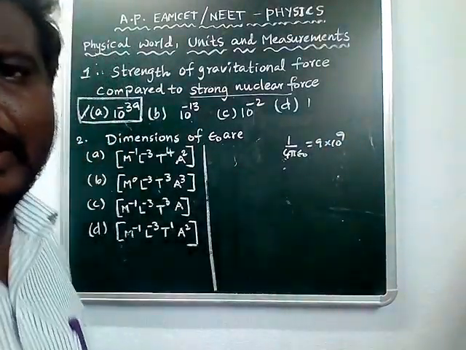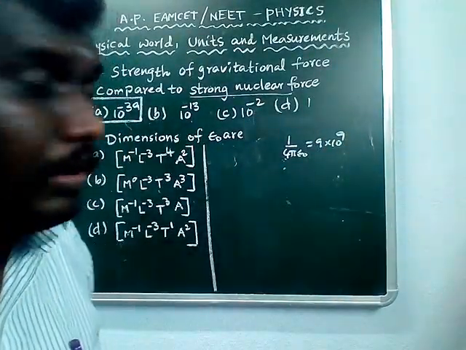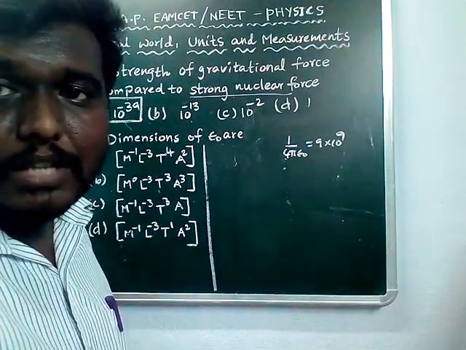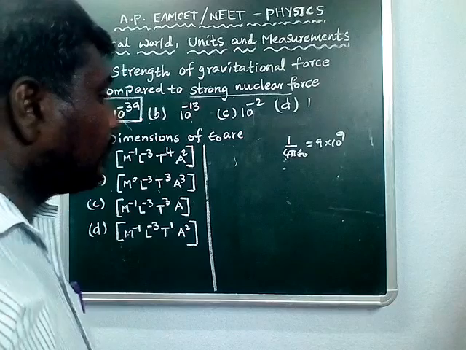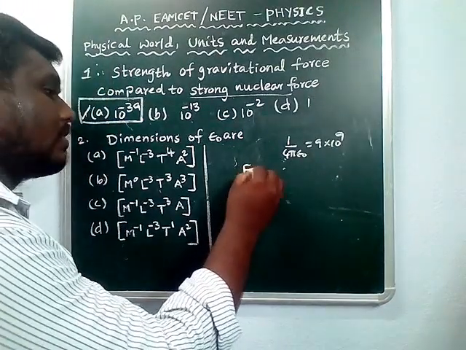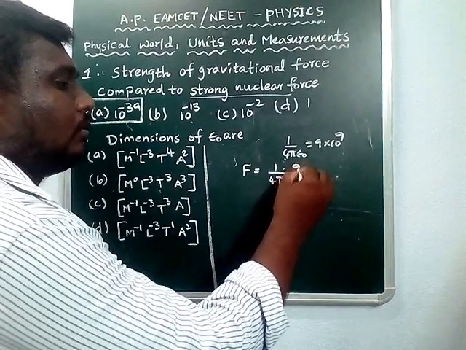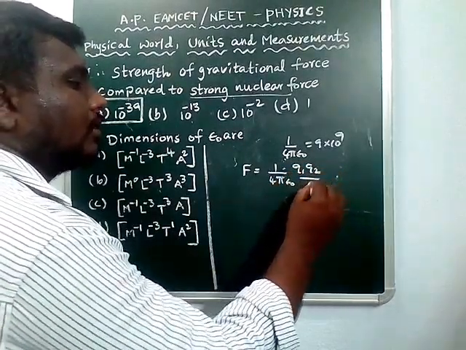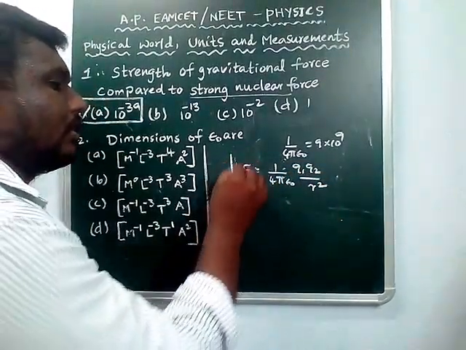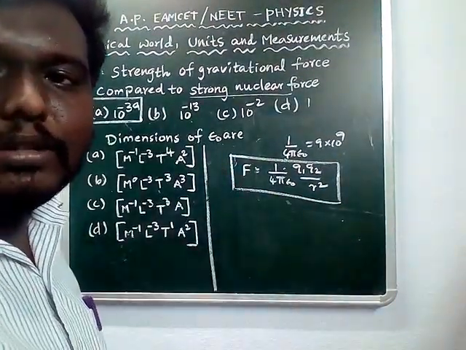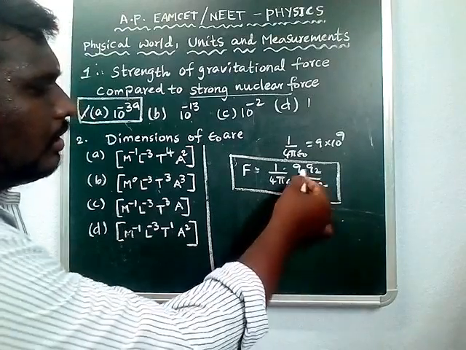The Coulombic force between two charges has the formula F is equal to 1 by 4 pi epsilon naught Q1 Q2 by r square.